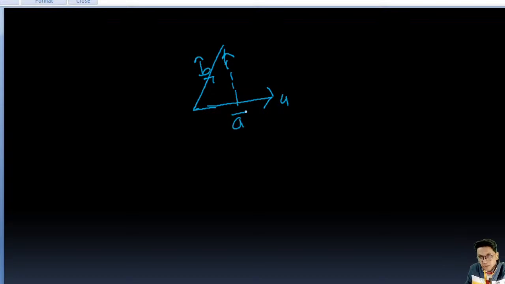Okay, so this is vector A and this is vector B, and this is going to be the perpendicular component of B, which is B sine theta. This vector we need to find out, B sine theta k cap.